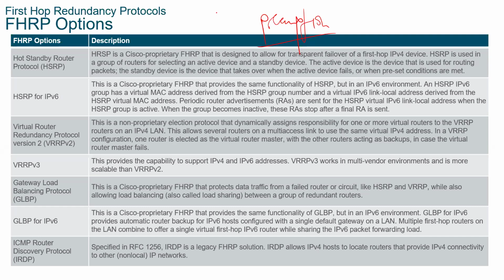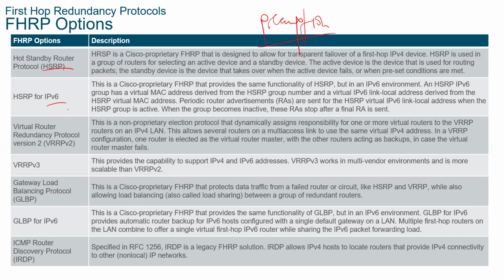FHRP for IPv6. This is just another version for version 6. So this one was for version 4. This one is for version 6. There is not much difference between those two. It's still the same functionality. It's still the same virtual IP, virtual MAC addresses.